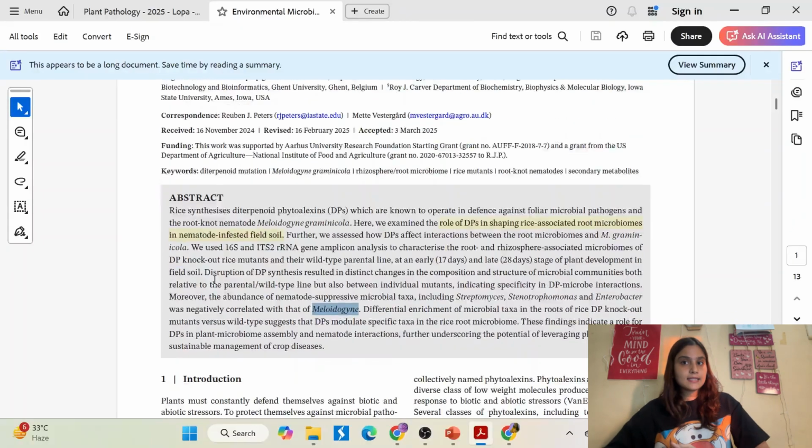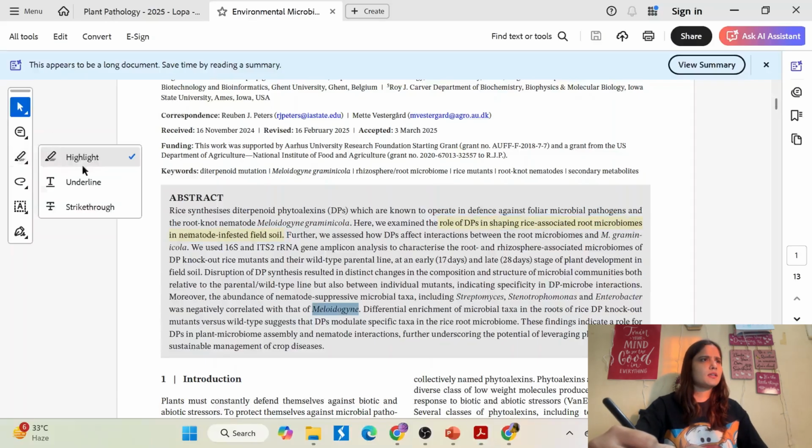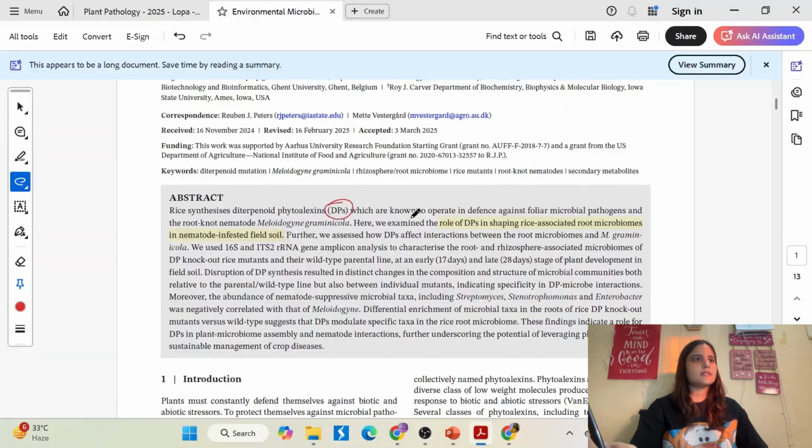Okay, so rice synthesizes diterpenoid phytoalexin, which is shortly given as DP. These are diterpenoid phytoalexins which are synthesized by rice, and they are reported to defend against foliar microbial pathogens. Foliar microbial pathogens are those pathogens which infect or target the aerial parts of the plant, that is the leaves or stems or flowers or fruits.